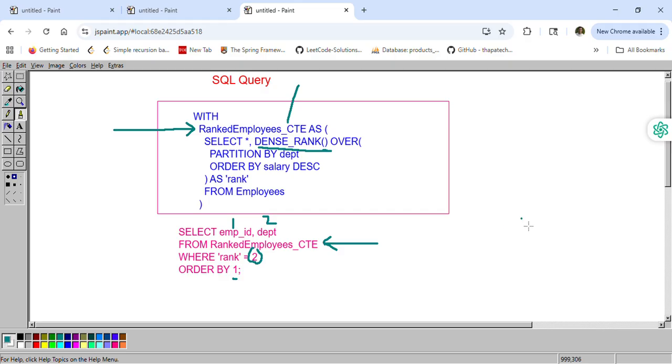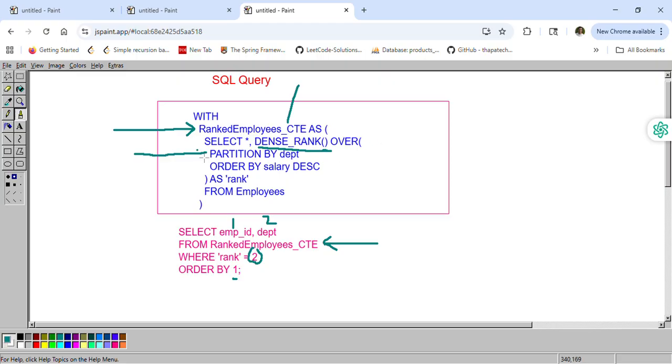They can ask you similar problems in the interview. They will ask you to find the second highest marks of students for each department, for example. Those kinds of things you will see in the interview. So make sure you know this dense rank very well. This is a very important function that you should know. You should know how to partition the data, so you should know how to write partition.